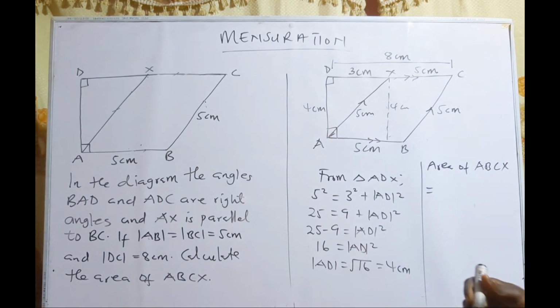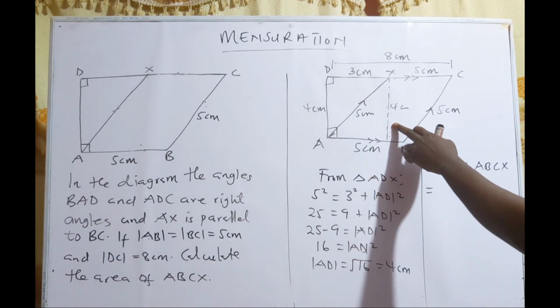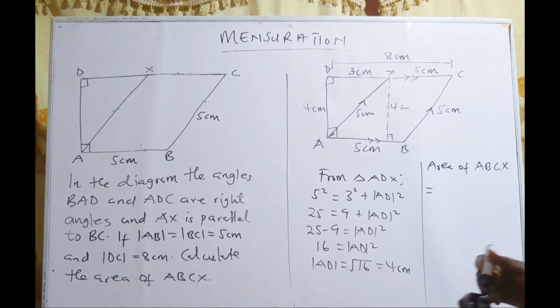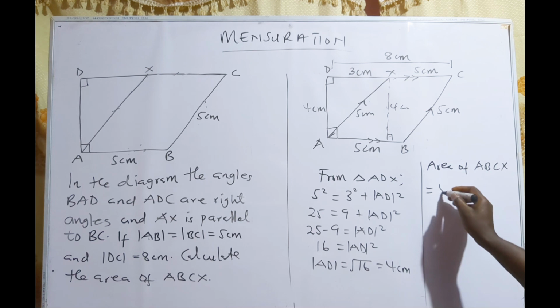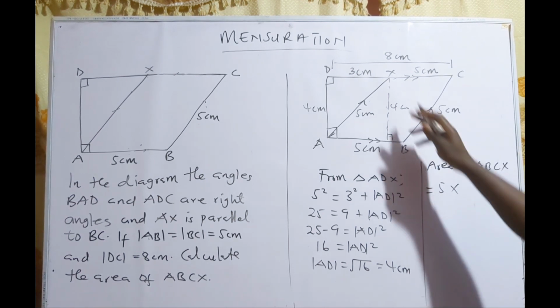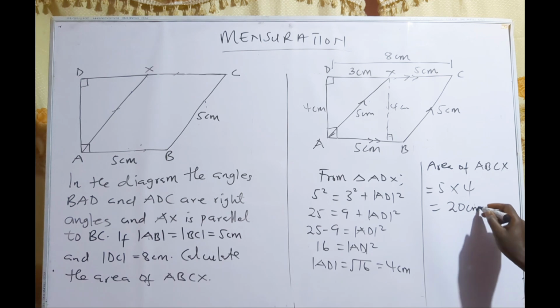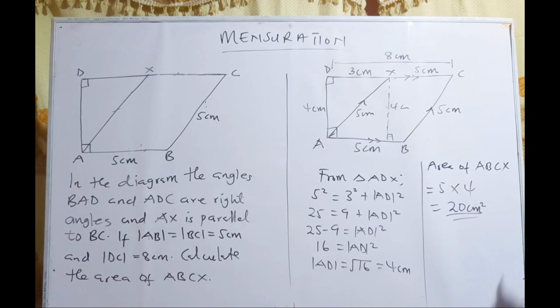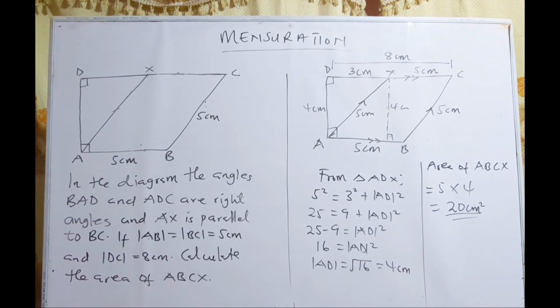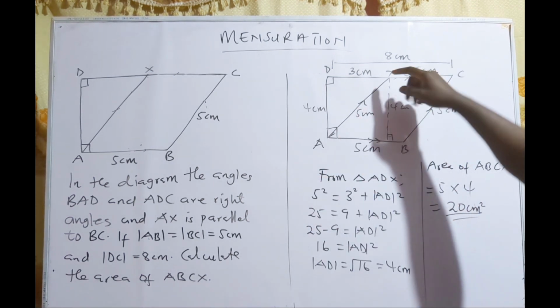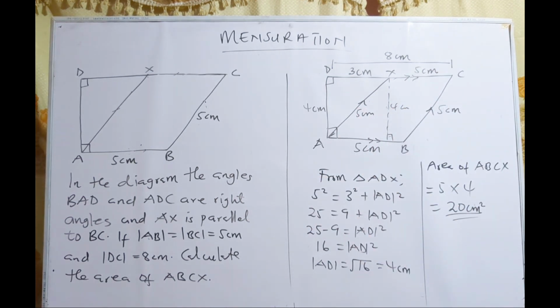This is the same as this. So its height will also be 4. So the length of the base, which is 5 centimeters, times the height, which is 4. 5 times 4 will give us 20 centimeters square. So the area of ABCX is 20 centimeters square.